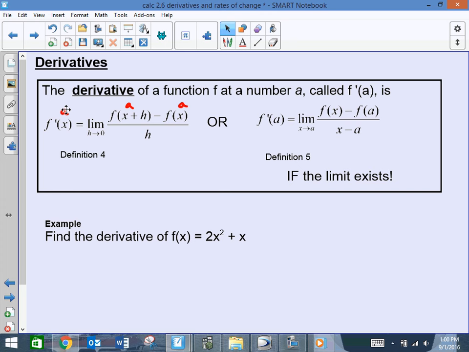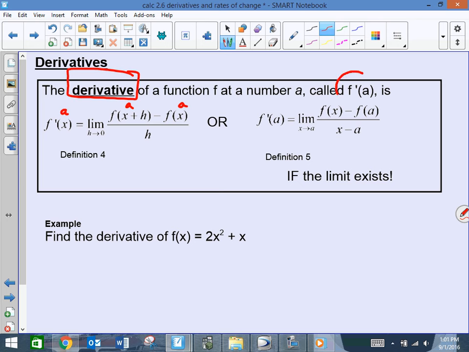Now, the name of what we're doing is the derivative. You tell anybody that asks you what you're doing in calculus, and you say derivatives, they'll be like, okay. That's a big thing. It's like half of calc, derivatives. And another name is called f prime. Now you can't call it what you want.